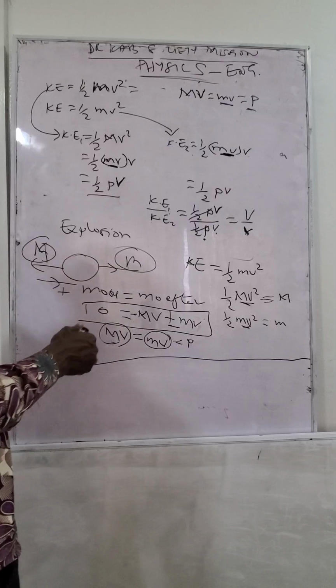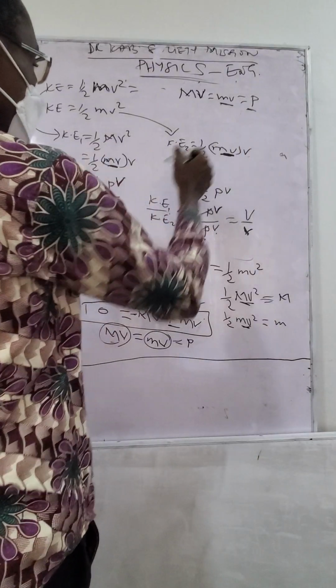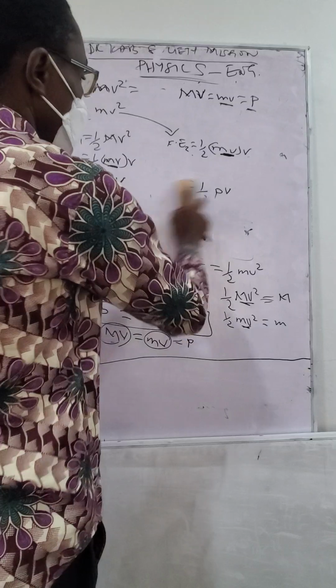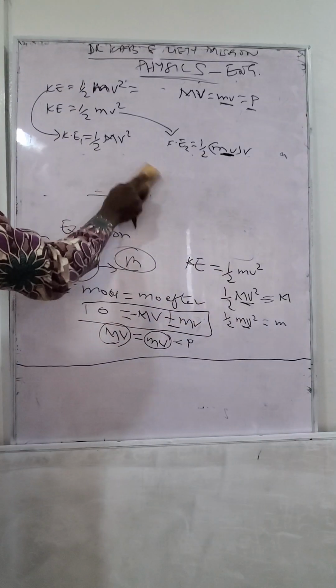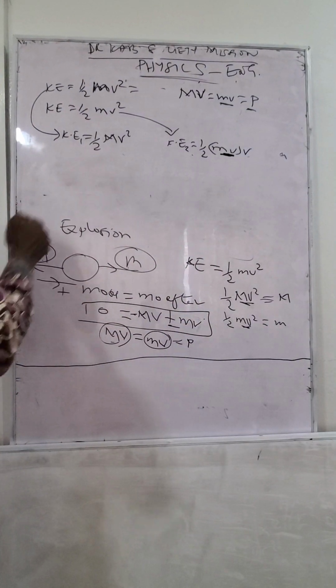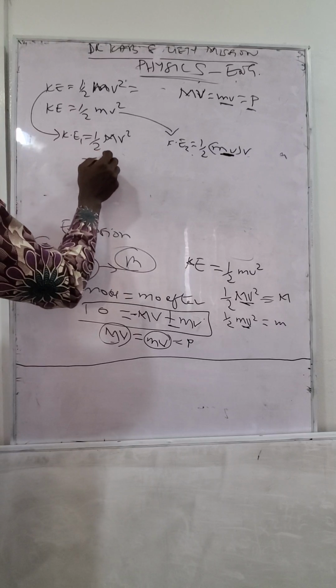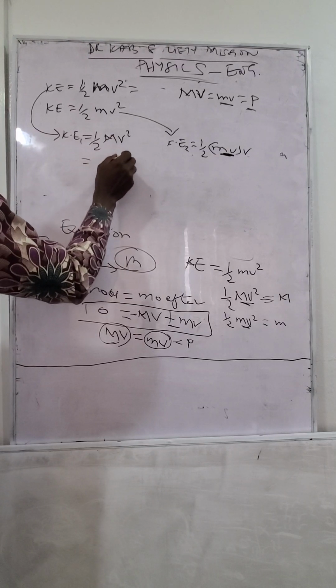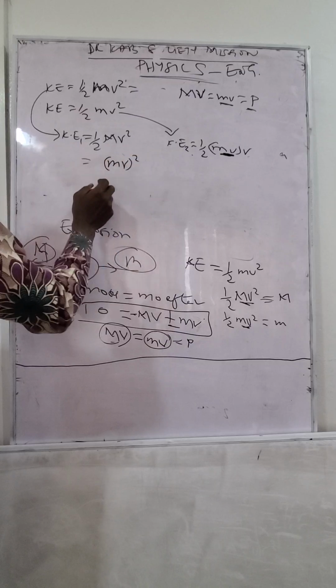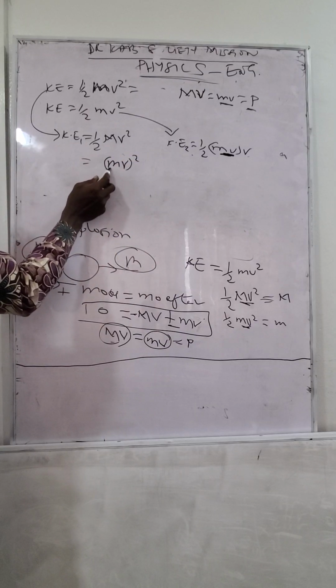Now let's look at a relationship where we want to eliminate V. If we want to eliminate V, then we'll try to write the same thing. Let's say M V squared, it means it's M that we have added here.